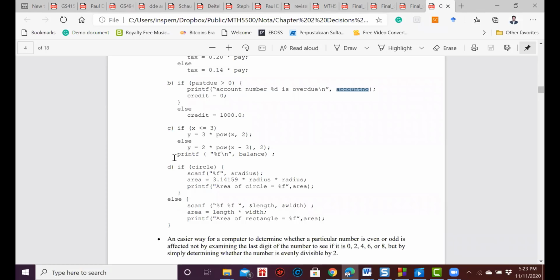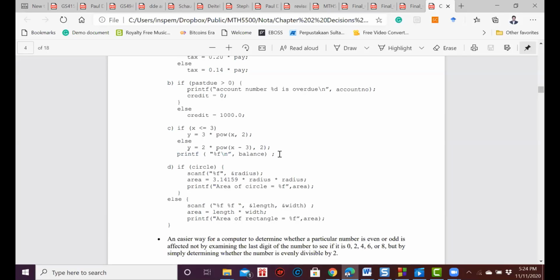And then C, what is different here? Look here, printf. This printf is outside the body of the if else statement. If x is less than 3, yes, then we calculate y. Else, if not correct, then we calculate another formula for y. Then printf %f and balance.